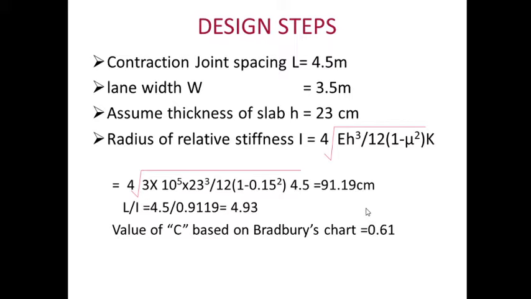This is the formula for finding the radius of relative stiffness l: the fourth root of E H cube divided by 12 into (1 minus mu square) into K. Here E is 3 into 10 to the power of 5 kg per centimeter square, H is the thickness of the slab, 23 centimeter, the Poisson ratio mu is 0.15, and K is the modulus of subgrade reaction based on the CBR of the subgrade, 4.5.